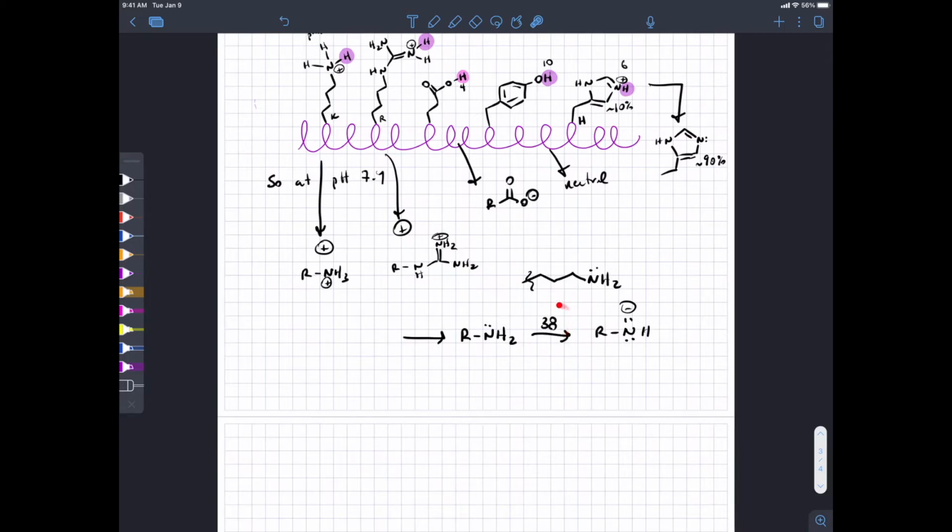Nevertheless, this neutral form is not the dominant form at pH 7 because there is another acid-base equilibrium to be aware of, which has a pKa of around 11. And that tells you that at pH 7, you also don't have any of the neutral amine.